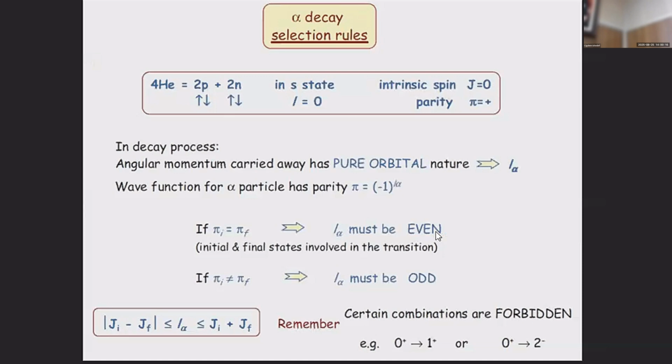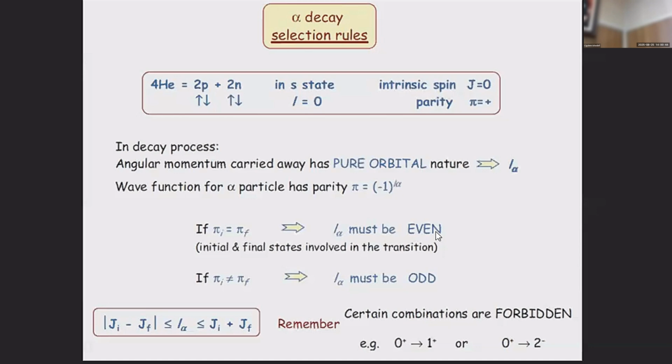Certain rules, conservations should be made. Therefore, this is called the selection rule. In an L equals 0 S state, for example, an alpha particle, 2 protons and 2 neutrons, depending on the Pauli exclusion principle, have such a configuration, and spin and parity 0 plus, okay?